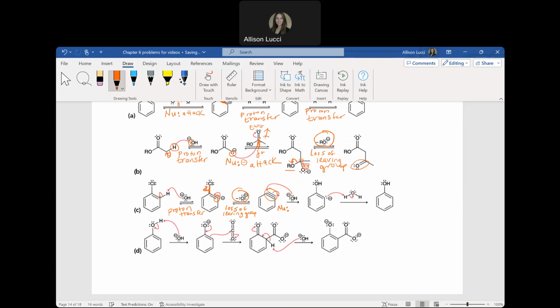Let's actually get rid of some of that there. So we have this nucleophilic attack from the hydroxide ion, and then some electrons from that triple bond move back onto this carbon here. So we end up with the hydroxide ion adding to the molecule and a lone pair.